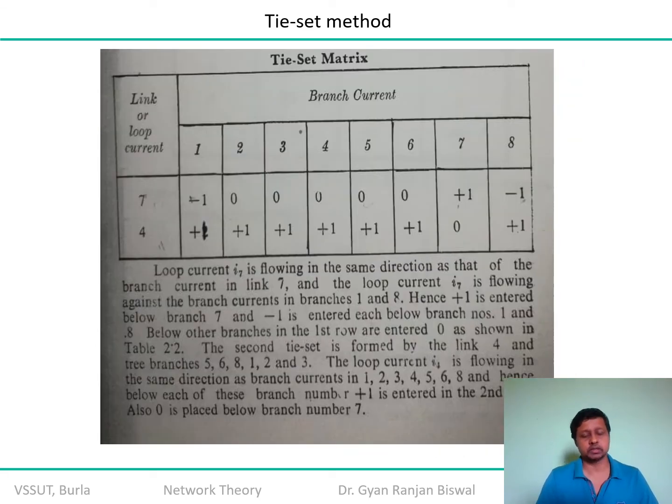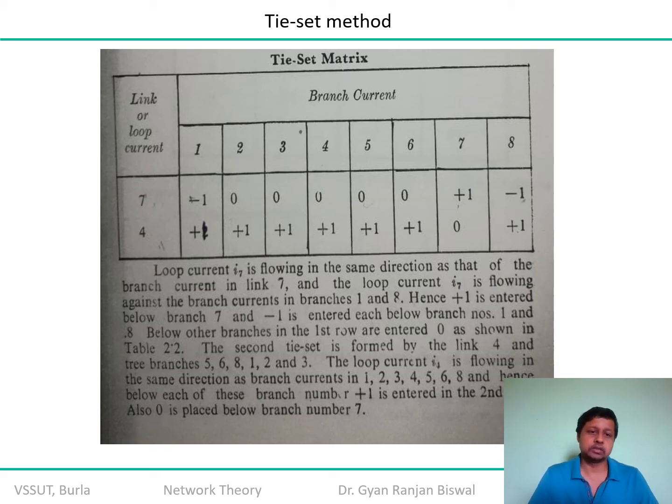From the previous diagram, you can consider that if your assumed mesh direction complements the direction of flow of current through the particular branch, it will be represented as plus 1. If the direction of flow of mesh current is opposite to the direction of flow of branch current, it will be indicated by minus 1.